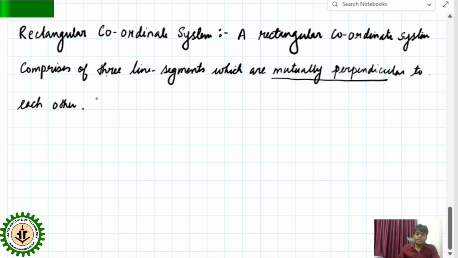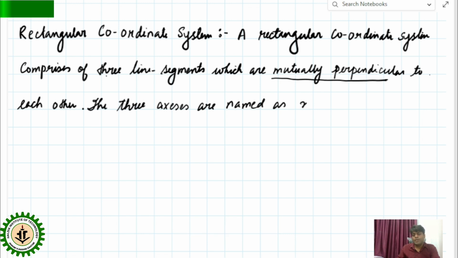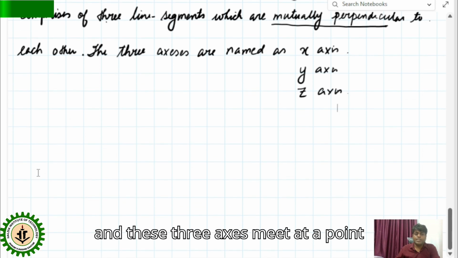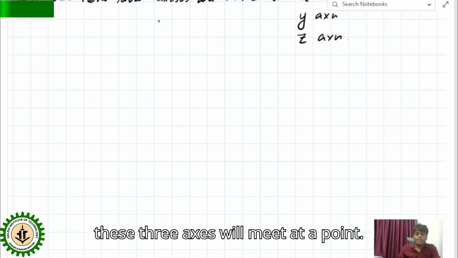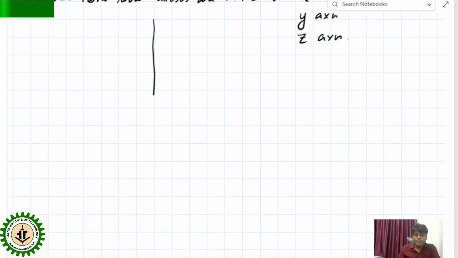The three axes are named as x-axis, y-axis and z-axis. And these three axes meet at a point.